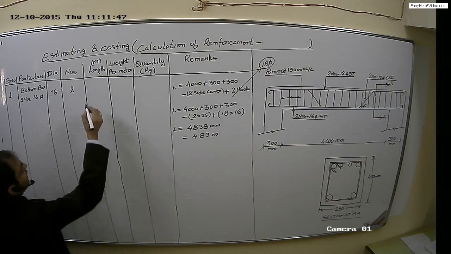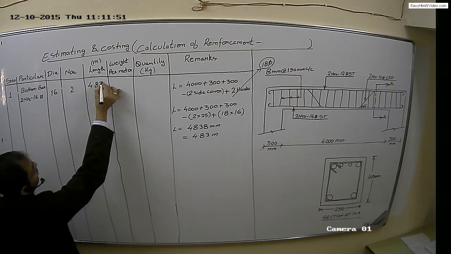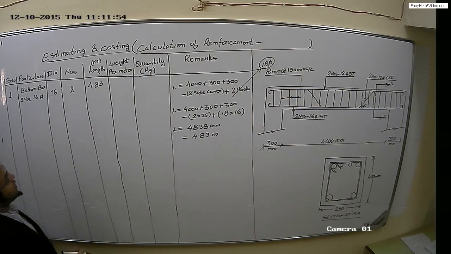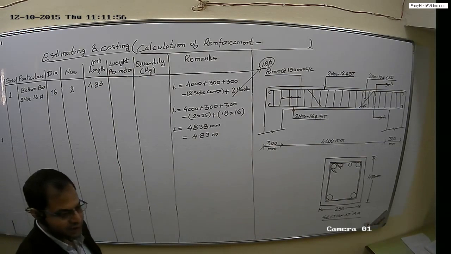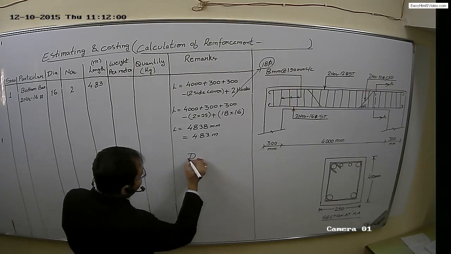You have to write the length 4.83 meter.